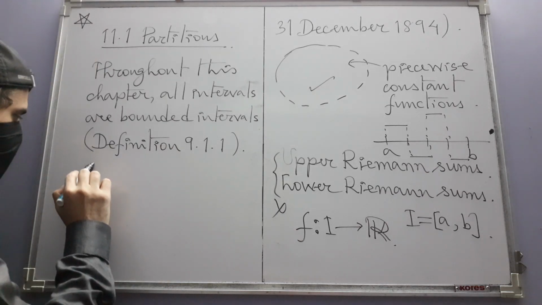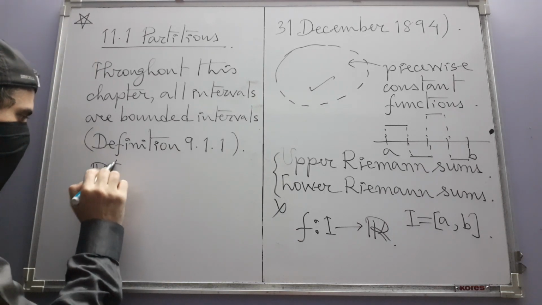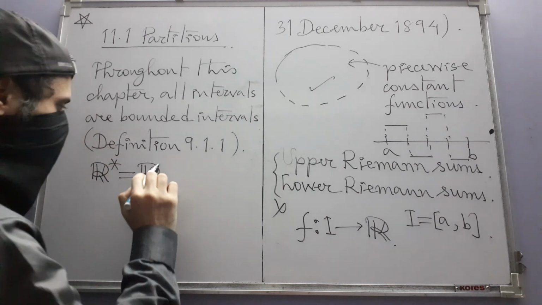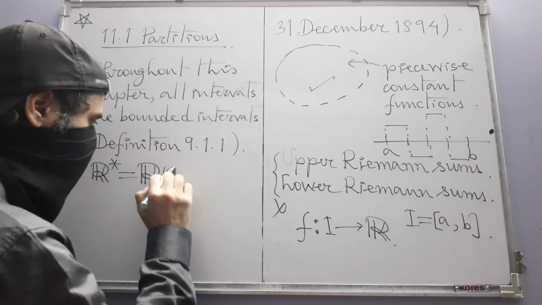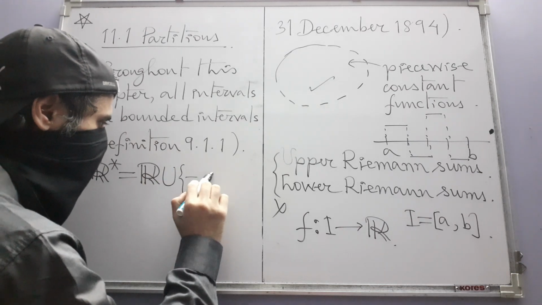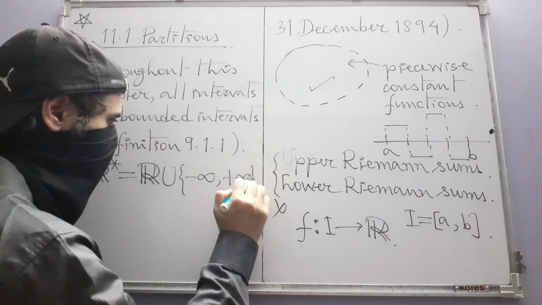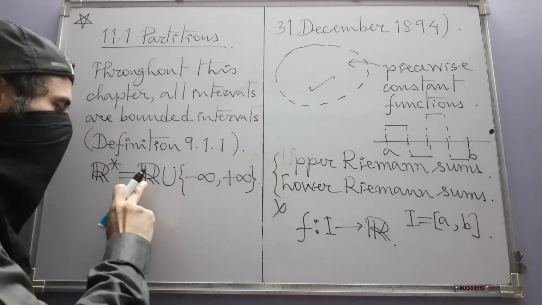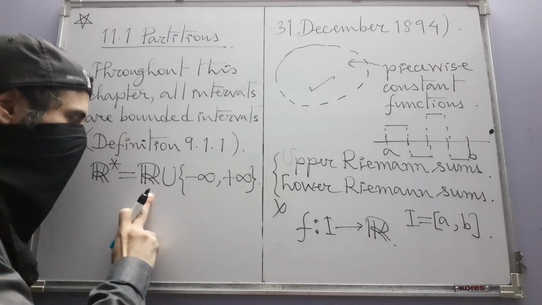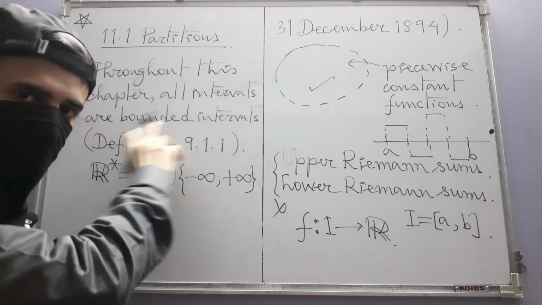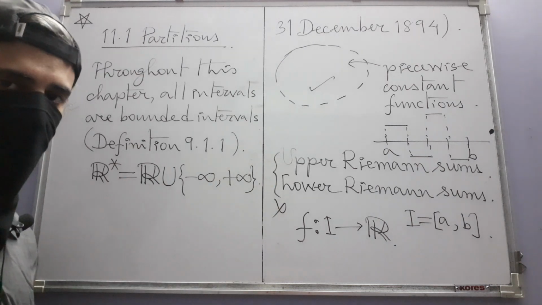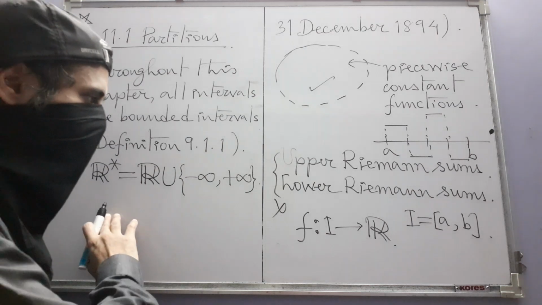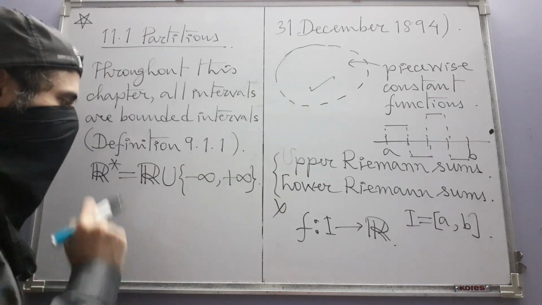You already know that the extended real number system consists of all the real numbers, and along with that these two extra objects, plus and minus infinity. If you remember, we successfully extended the order relation that we have on R to this entire enlarged system, R star. And it turns out that that extended order has all the properties that the ordinary order on R has.